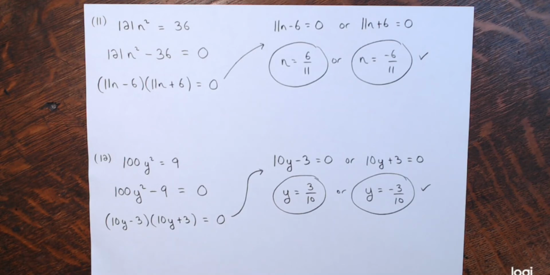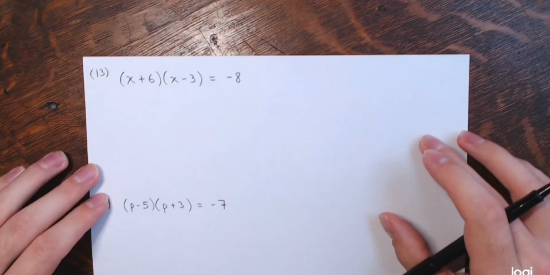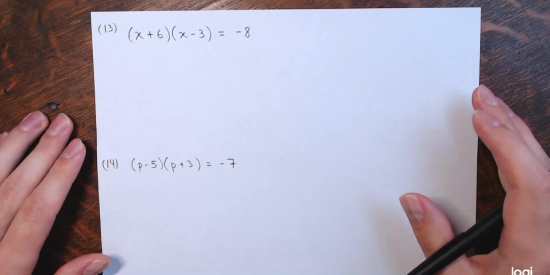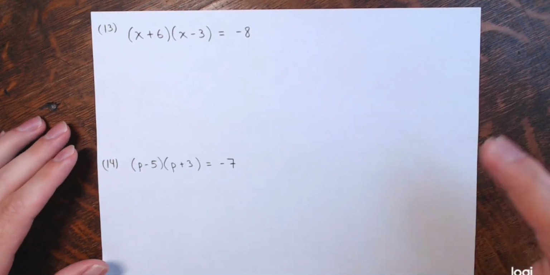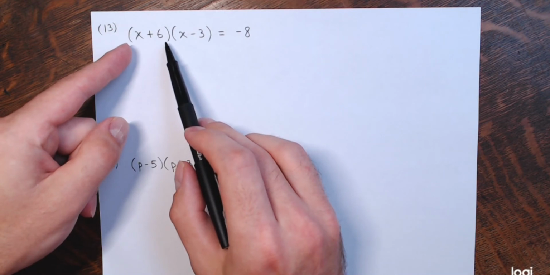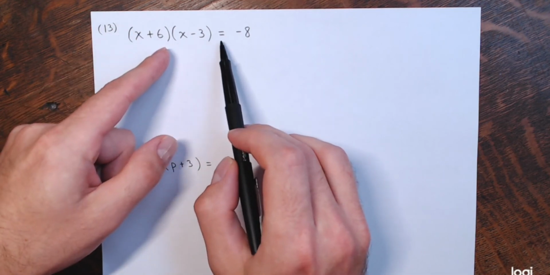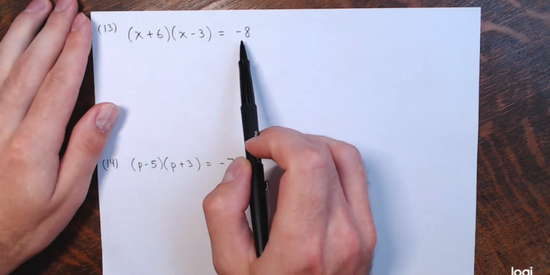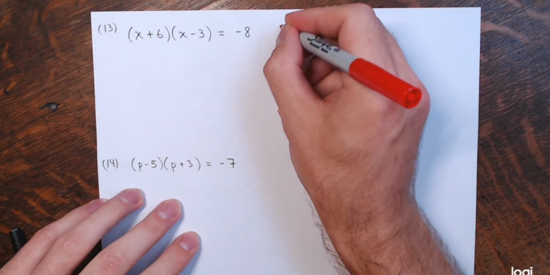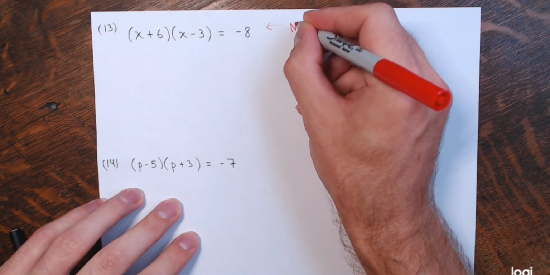All right. Next example. Now we're getting into some examples that I find people have a harder time with. Here I have in 13, x plus 6 times x minus 3 equals negative 8. So notice that this number over on this side is not 0.